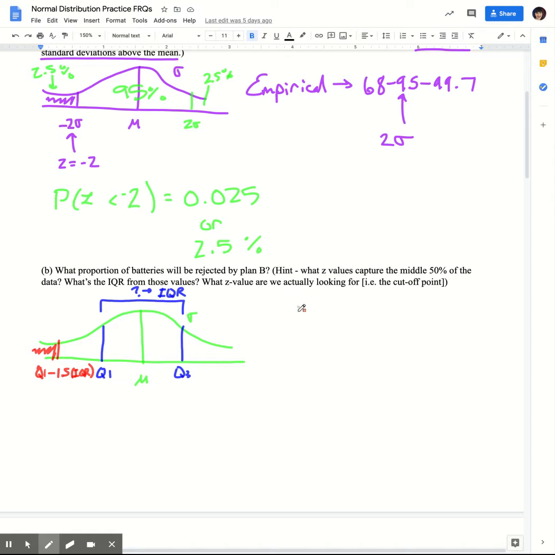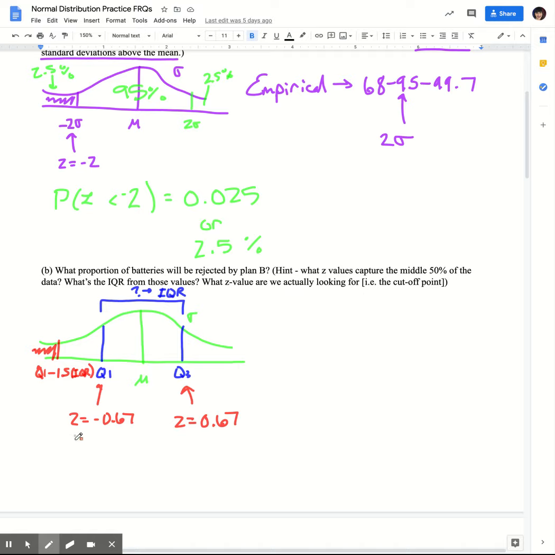Okay, so I gave you a couple of hints here. The first was to find the Z values that capture the middle 50% of the data. Okay, and I can tell you from looking at the Z table that these quartiles in Z scores are Z equals negative 0.67 and Z equals positive 0.67, okay, which you'll be able to see if you look at an actual Z table, right?